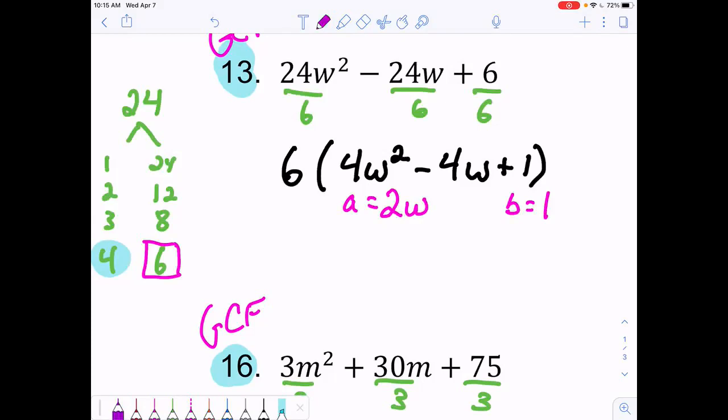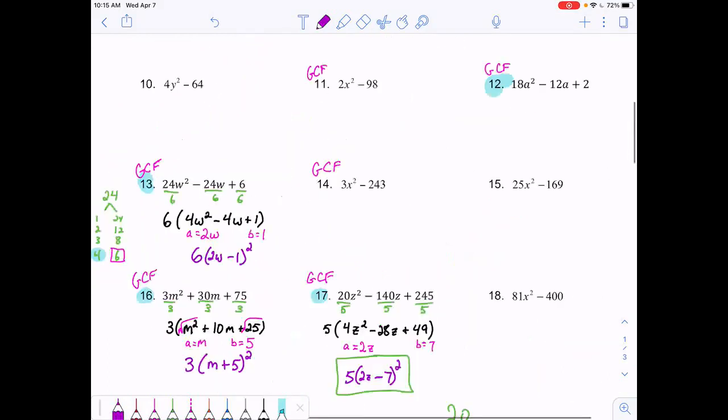So this is that new case we looked at. So we know it's going to be a squared factor. We have our A term, 2w, our B term, which is 1. And we want to see, is it 2w plus 1 or 2w minus 1? Good. It's minus, and then don't forget the 6. And that's it.